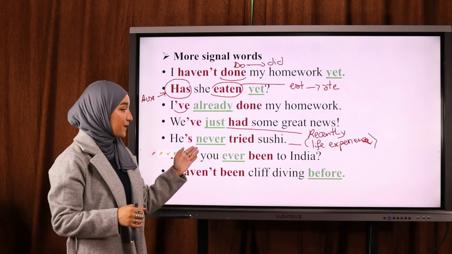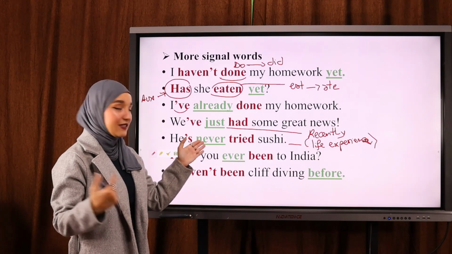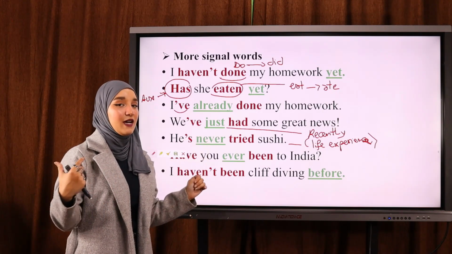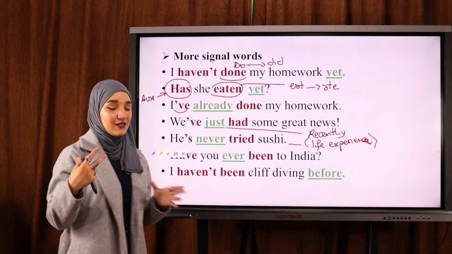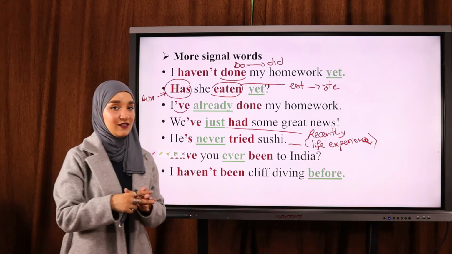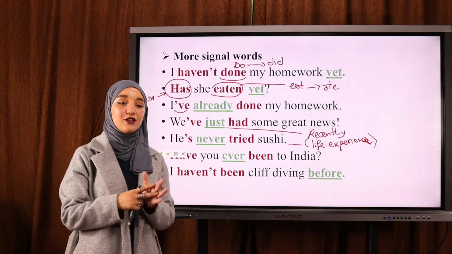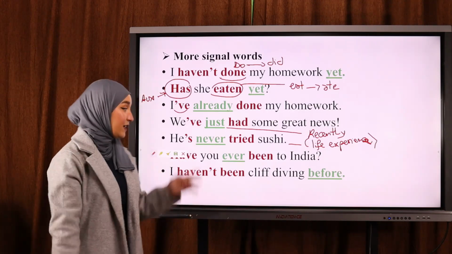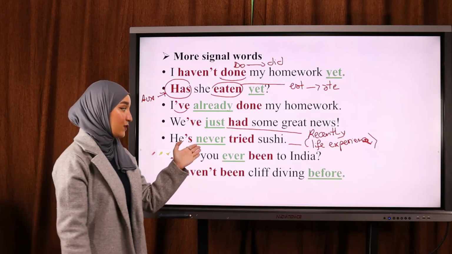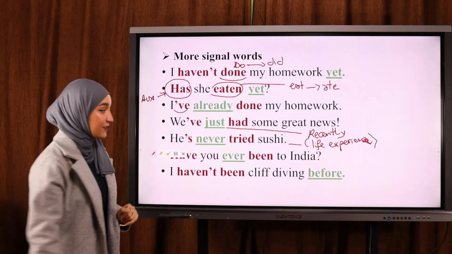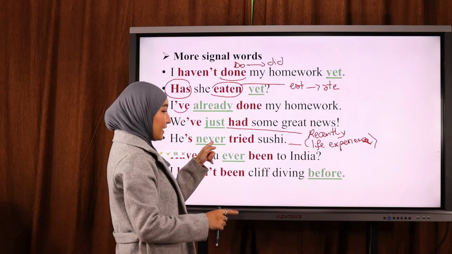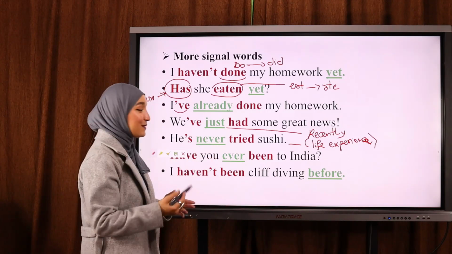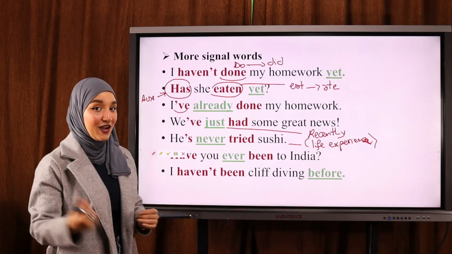So when we see the word never, we have to understand the meaning. يجب أن نفهم معنى الجملة, okay? Because never is not only used with the present simple. لا نستعمل never مع الحاضر فقط, okay? Here's a perfect example. هذا هو الدليل. We are using the perfect tense because of the meaning of this sentence, معنى هذه الجملة, I am not talking about a habit, routine أو عادة, okay?